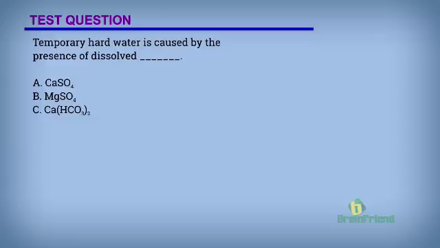Well, if you chose A or B, you are wrong. The answer is C. We say that temporary hardness is caused only by the presence of this salt, calcium hydrogen triisocarbonate 4.